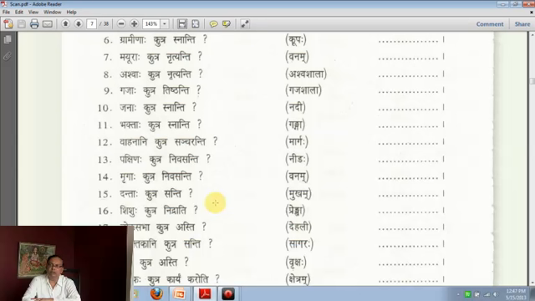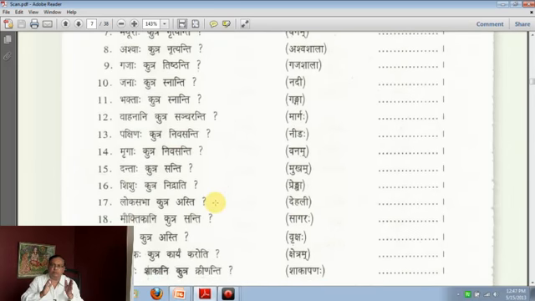Where does an infant sleep? शिशुः प्रेङ्खायां निद्राति. Prenkha is the word for cradle, given in the bracket; you add only yam.